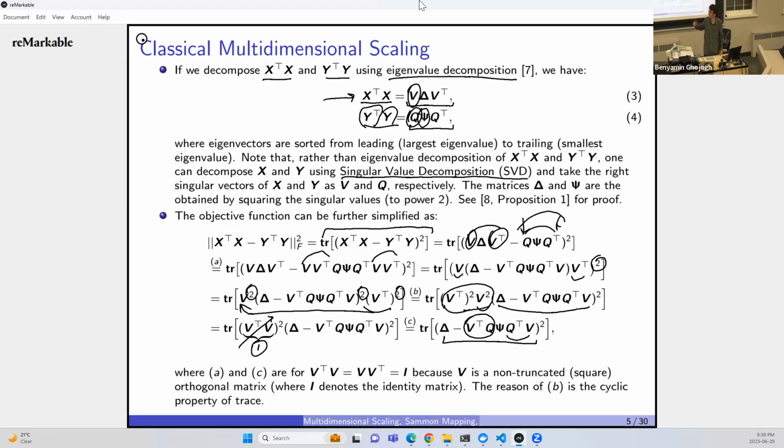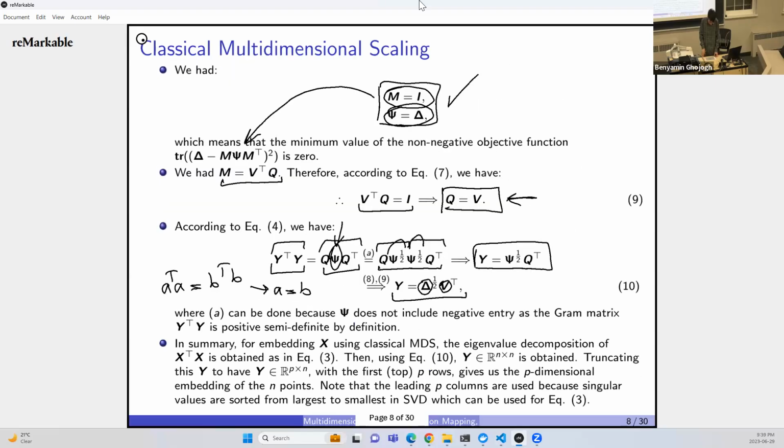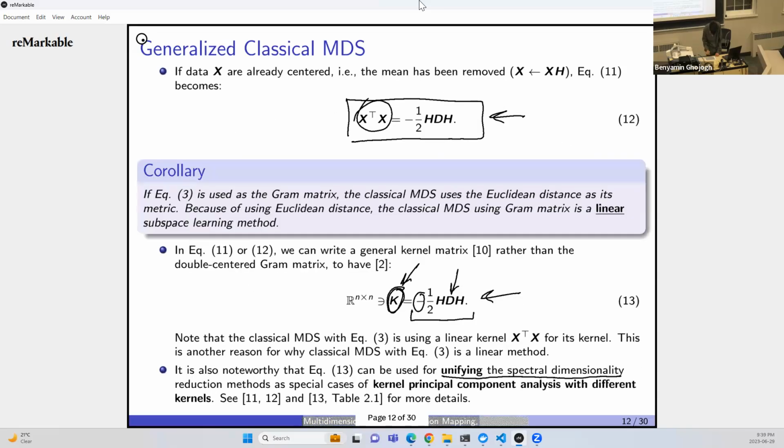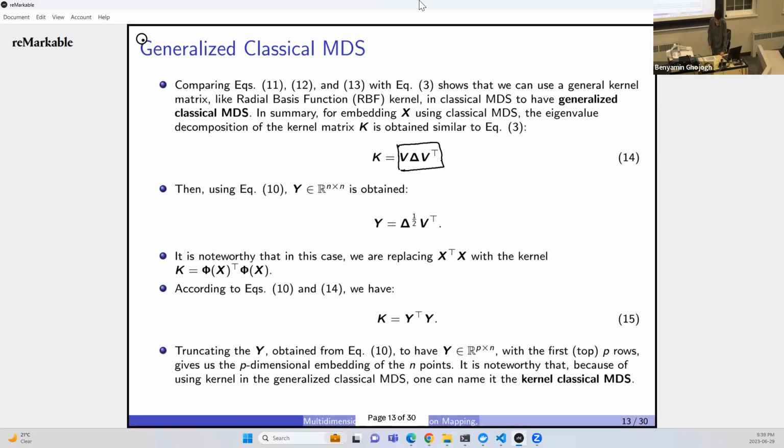That was the eigenvalue decomposition for X transpose X. Interestingly, in equation 12 we also had X transpose X equals minus half HDH, right? And we saw that minus half HDH equals the kernel. So the kernel I can write as V delta V transpose, simply because V delta V transpose was X transpose X, X transpose X was minus half HDH, and minus half HDH we replaced with the kernel K. So the kernel equals this.